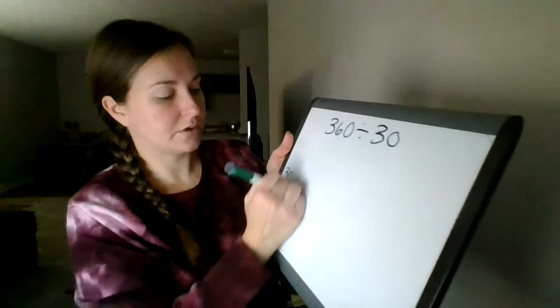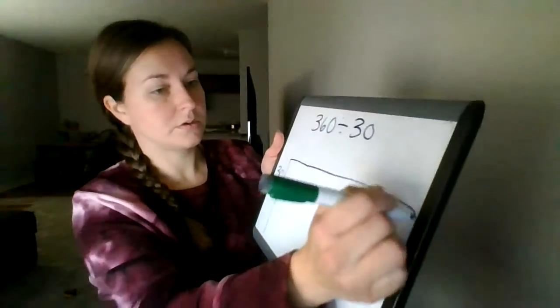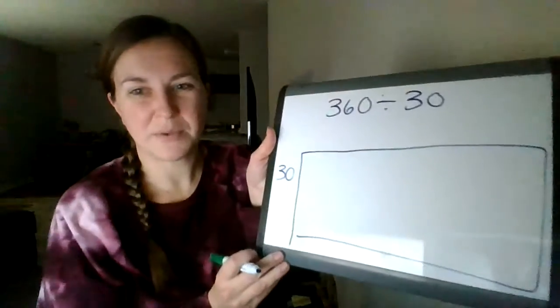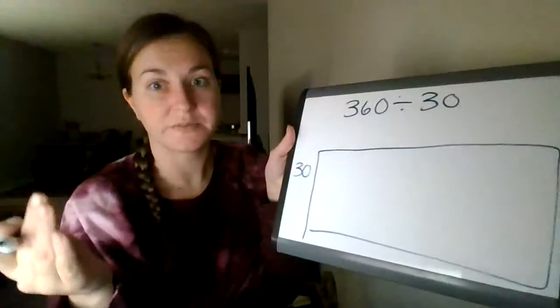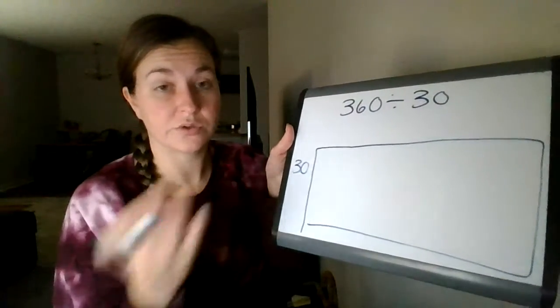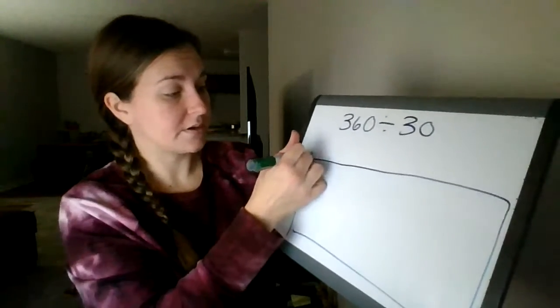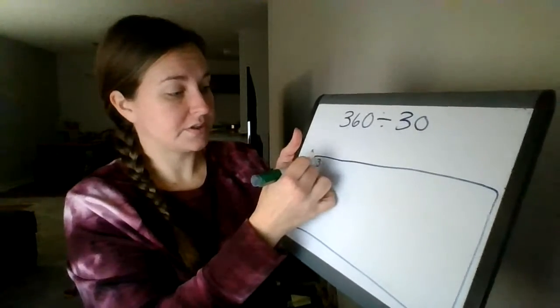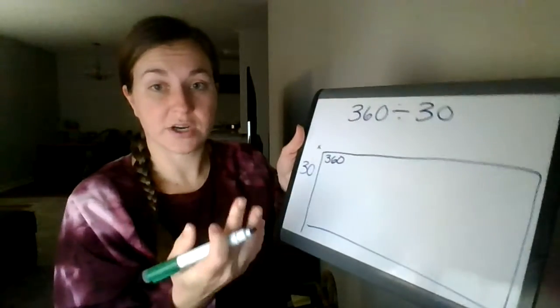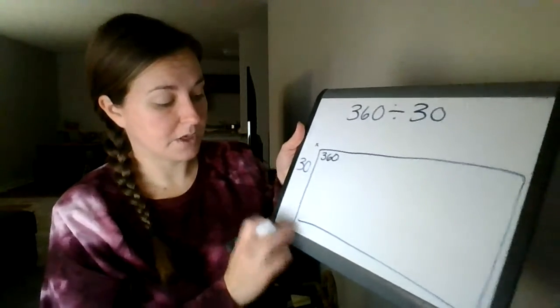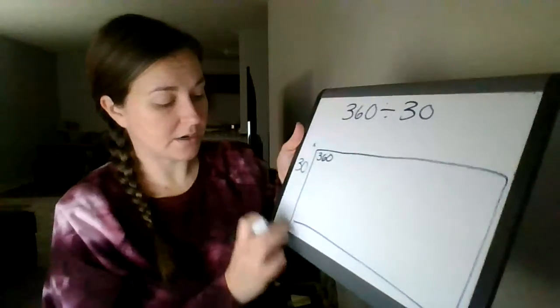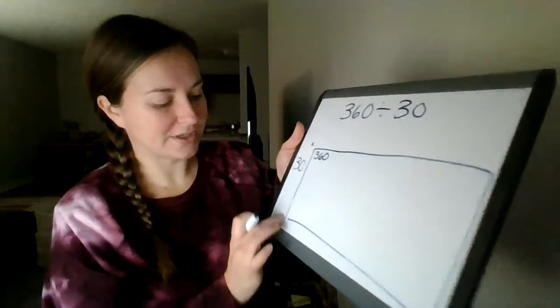So I'm going to draw my little box. I always make my box bigger than I need it because I don't know how many columns I'm going to need, because you could start very small or you could start really big depending on where you're comfortable starting. Okay. So then I'm going to put my 360 here because I'm going to be subtracting as I'm multiplying 30 times different numbers.